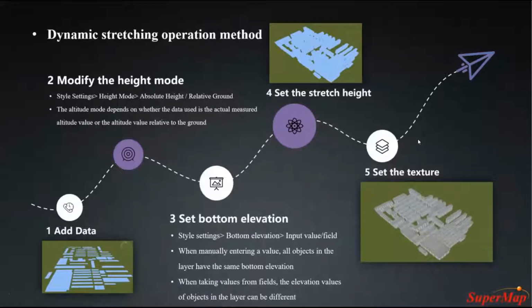I think it's really simple, and I will demonstrate it to you. And then to set the texture, that is to set your side texture and the top texture respectively, and their horizontal and vertical direction. You could also set it.